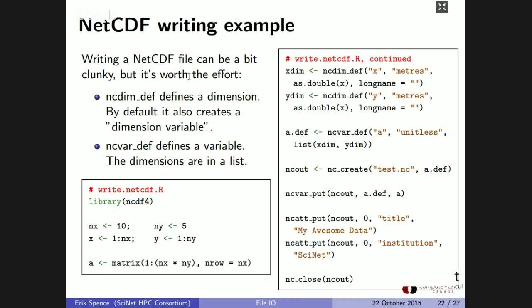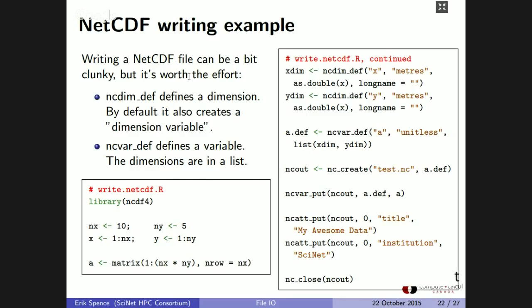Then I create my file, nc_create. Here's my handle. I'm going to give it the variable definition. You can put a whole list of them in here when you create your file, all the matrices I want to save, not just one, all of them. Then I put the variable, meaning the actual data, into this file, into that variable's definition, and there's the data.